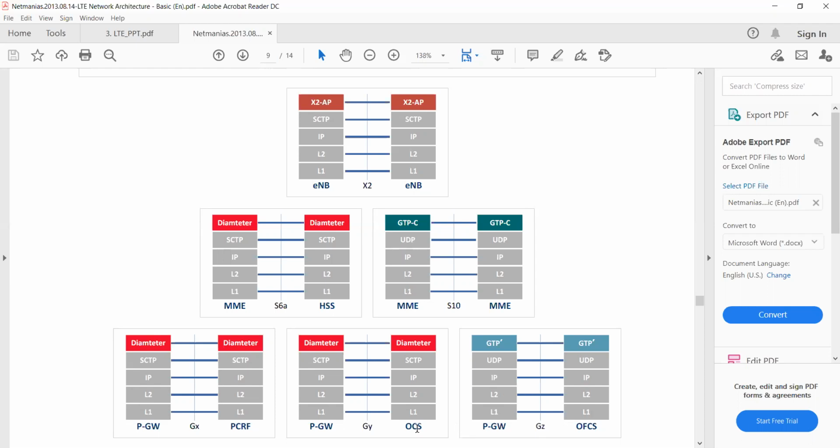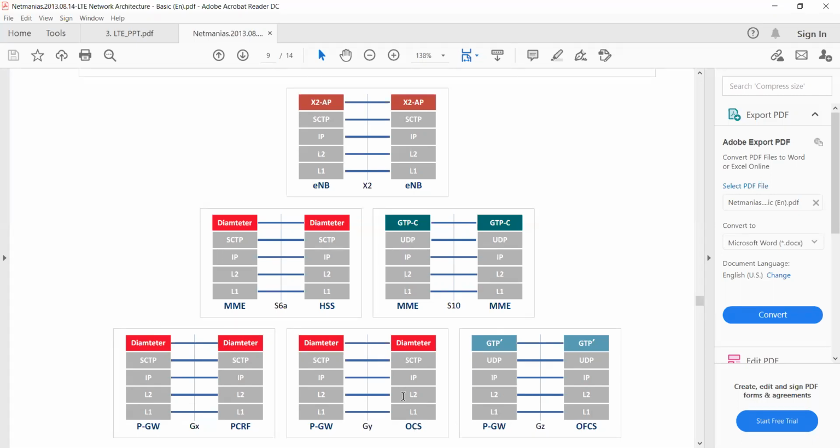OCS means online charging system. Whenever you make a call and whenever you do downloading or uploading, you have some specified data per day or specified minutes for a pack. Suppose you have 1 GB data, and if you are playing a real-time game, you will consume all the data within 2 hours.